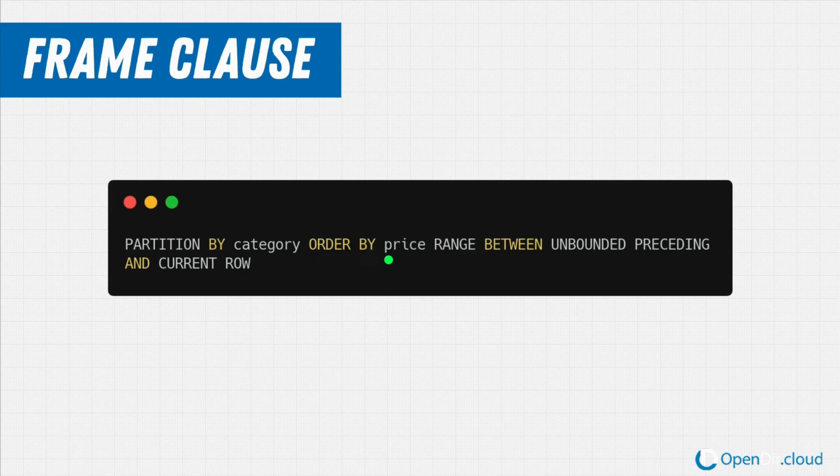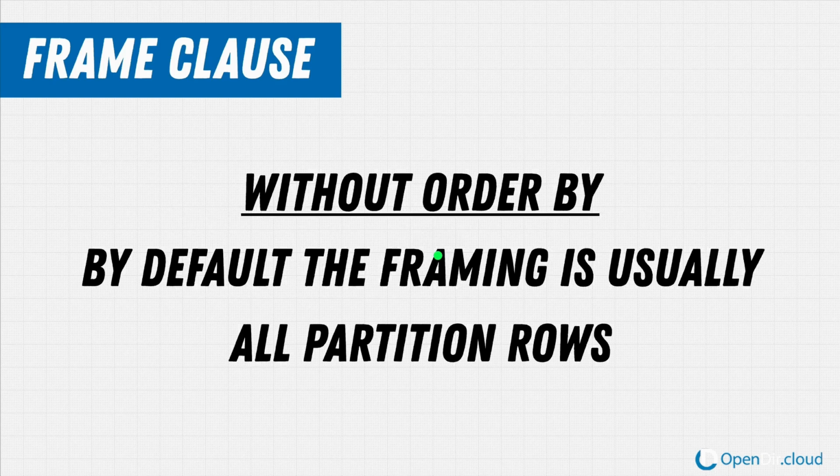But what we're basically saying here is that when we use order by, we are changing the frame. We're changing the frame of reference. And when we look at a frame clause, if you don't use order by, the frame we look at is usually the entire partition. And if you just used over without anything in it, the entire partition is the entire window, correct? We saw that. When you used over, we were running the calculation against all of the data.